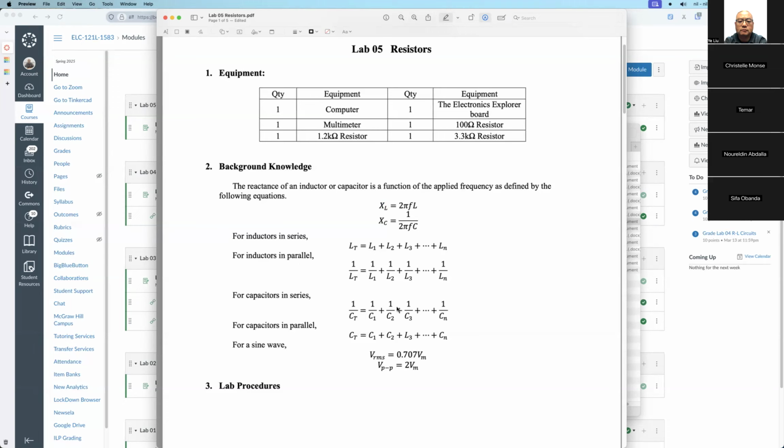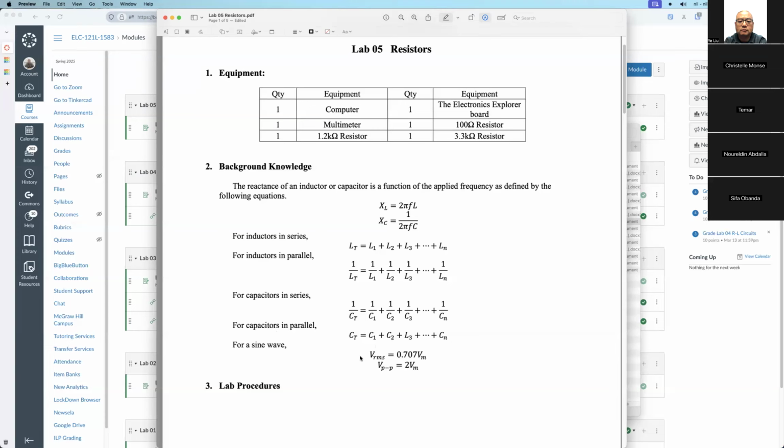Series capacitors: 1 over CT equals 1 over C1 plus 1 over C2 plus 1 over Cn. Then parallel capacitors: CT equals C1 plus C2 plus C3, sorry, this is a typo, C3 then plus Cn.